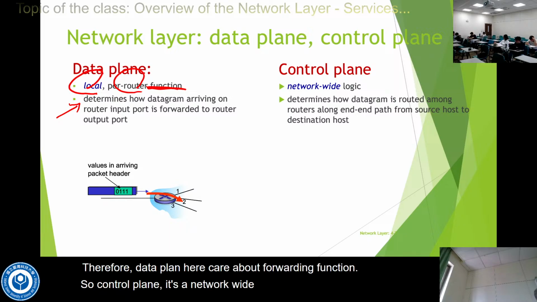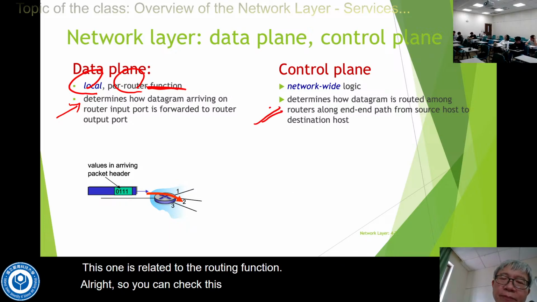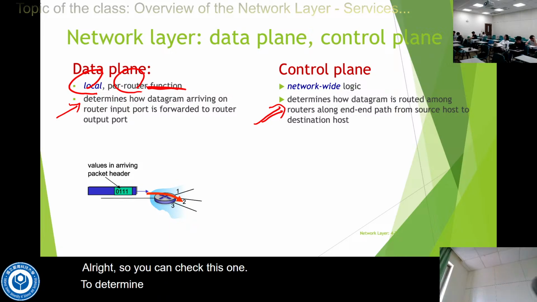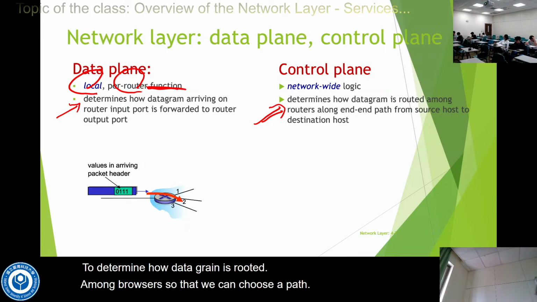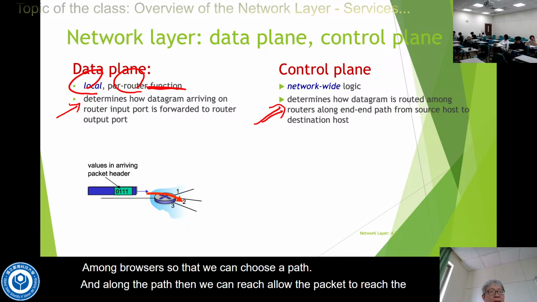This network-wide logic is related to the routing function. So you can check this to determine how the data plane is routed among routers, so that we can choose a path, and along the path we can allow the packet to reach the destination of the receiver.